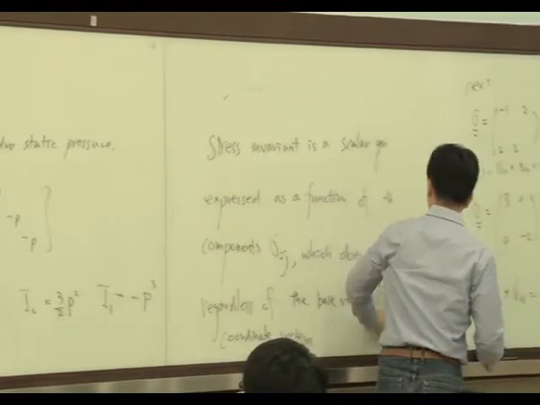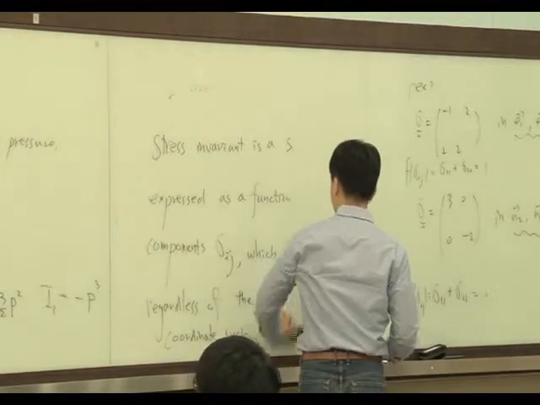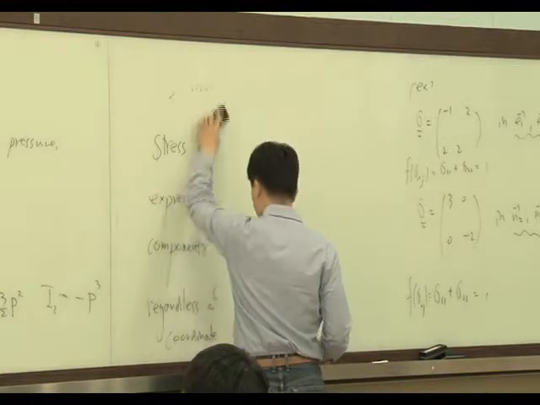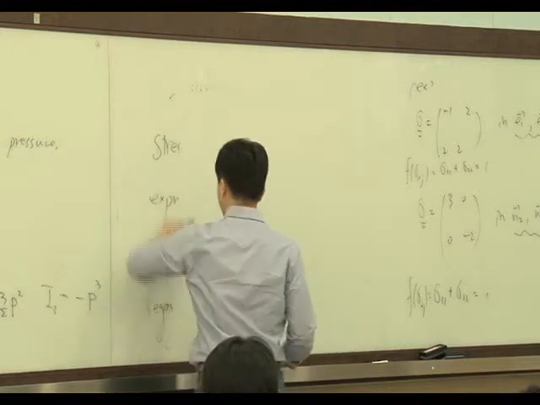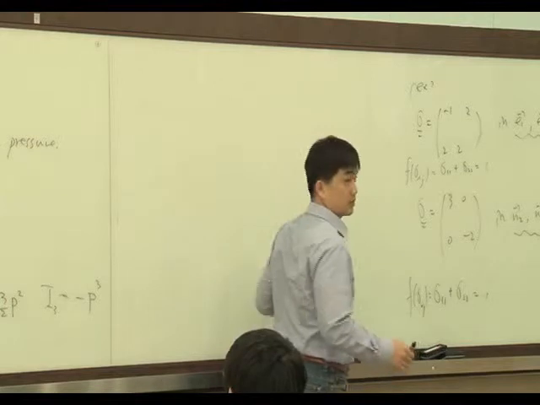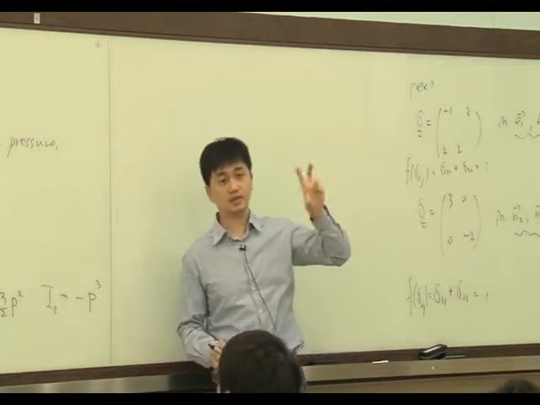So that I1, I2, I3 never change, even if you change the Cartesian coordinate system, the direction of the Cartesian coordinate.